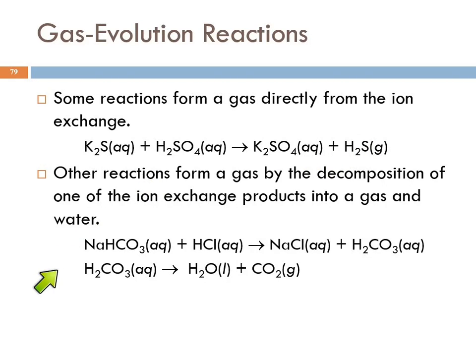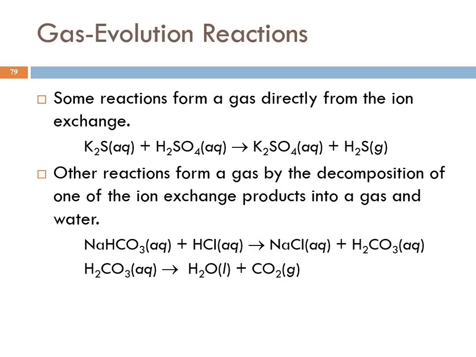Others form gas because one of the products formed in an ion exchange reaction actually decomposes. So if you mix sodium hydrogen carbonate, baking soda, with acid of any kind, you could try that at home. You've probably noticed this. If you mix baking soda and vinegar, what happens?